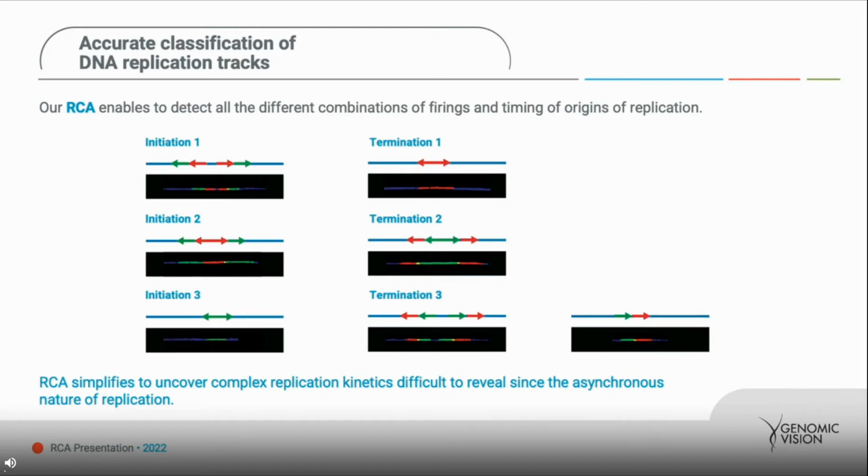In some cases, we can also see the unidirectional fork showing one green and red track, as the other green and red track are so far away on the DNA fiber that it is considered as unidirectional. So RCA helps uncover complex replication kinetics that are difficult to reveal given the asynchronous nature of replication.